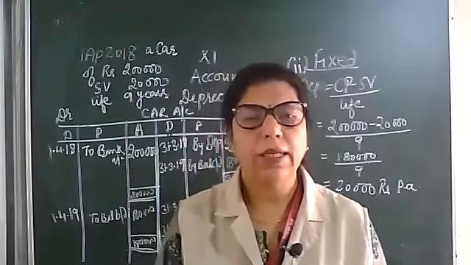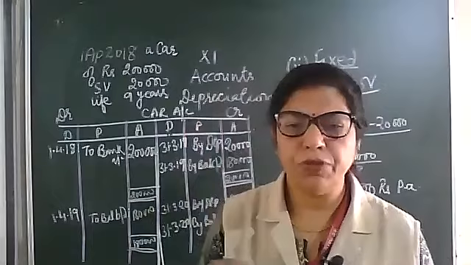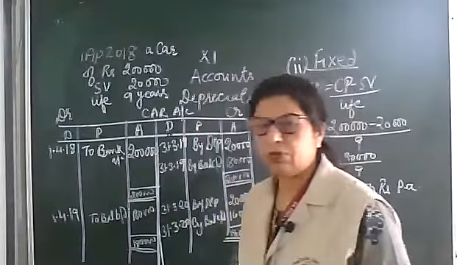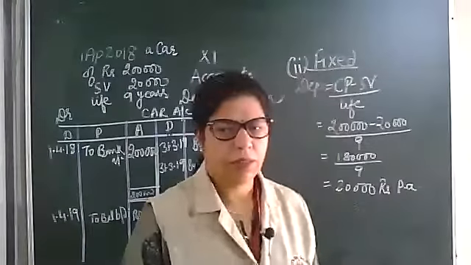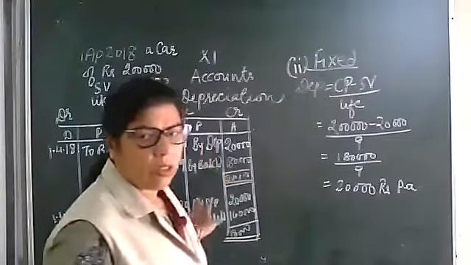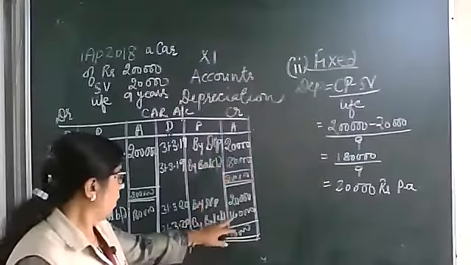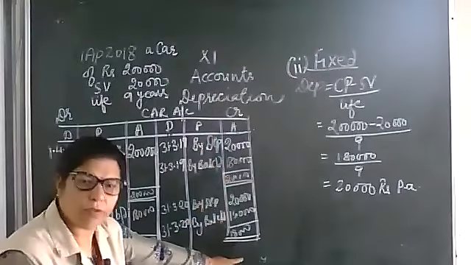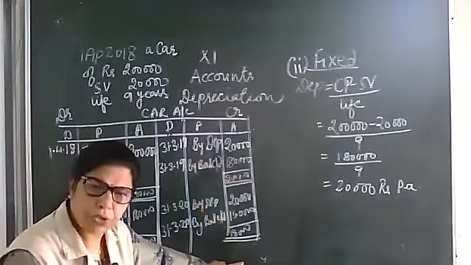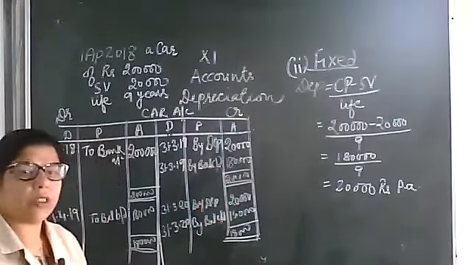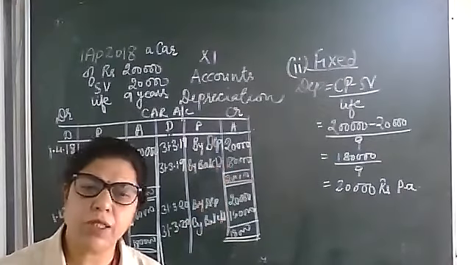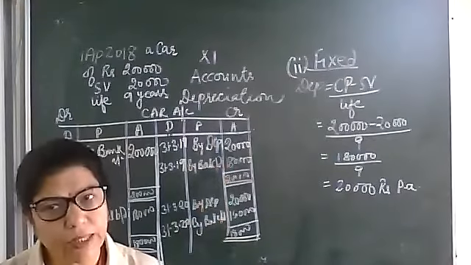Got it? Clear? Now I am going to give you another question. Please note down one question. See, okay. 1,60,000 you will carry forward here. Then 20, 1,40,000. Okay. Then in the next year, 1,40,000 will be balance brought down, meaning beginning balance. 20,000 again.